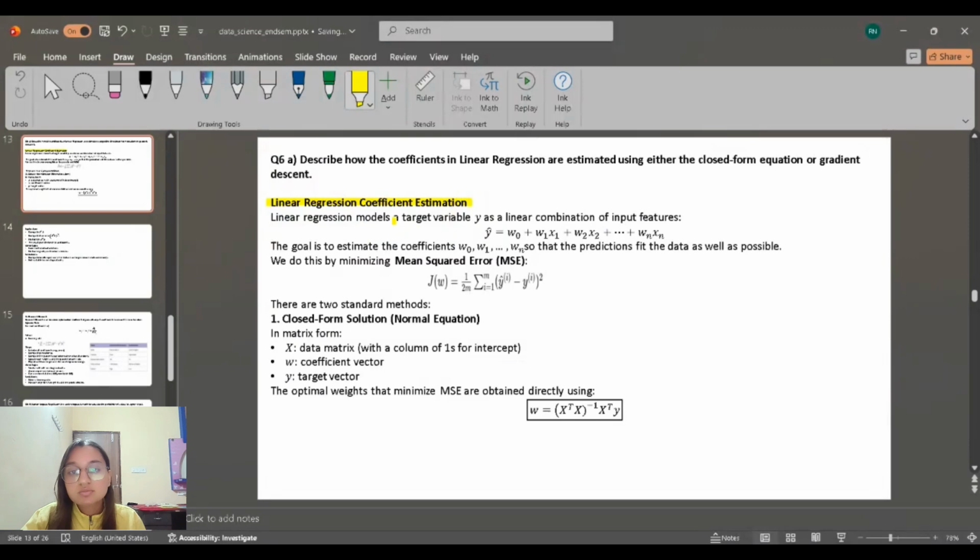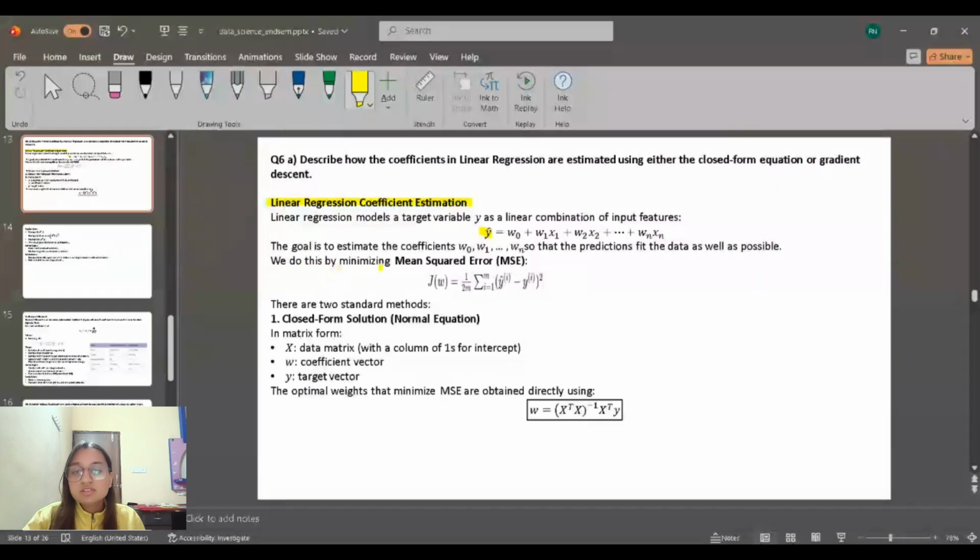Linear regression models a target variable y as a linear combination of input features: ŷ = W0 + W1x1 + W2x2 + ... + Wnxn. The goal is to estimate the coefficients W0, W1, ..., Wn so that the predictions fit the data as well as possible.